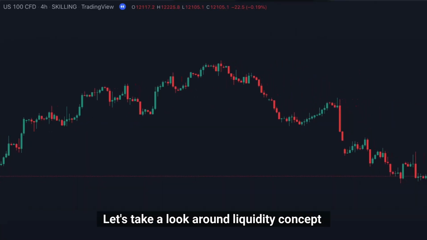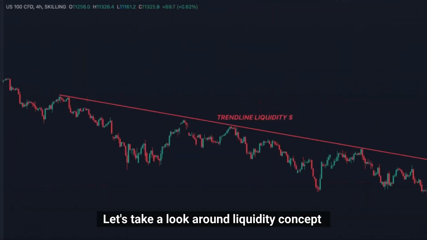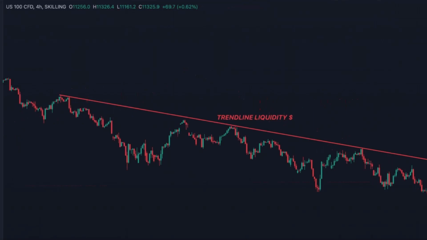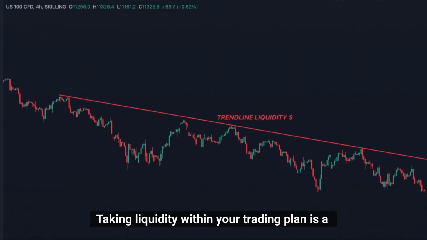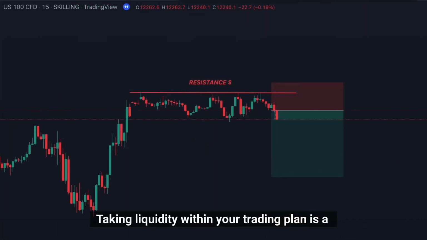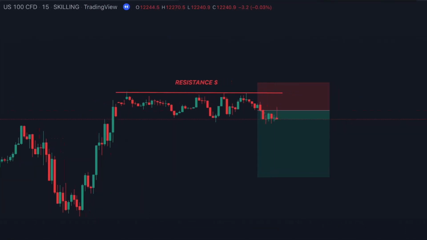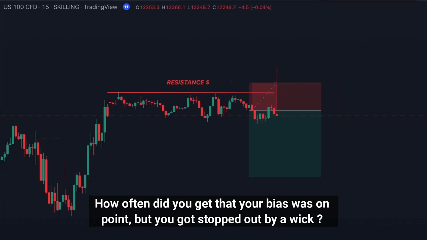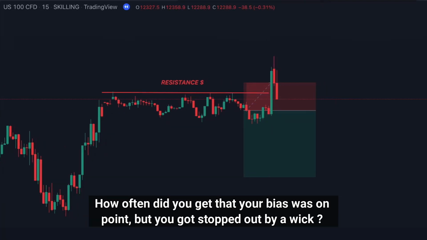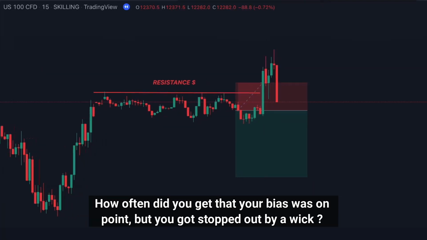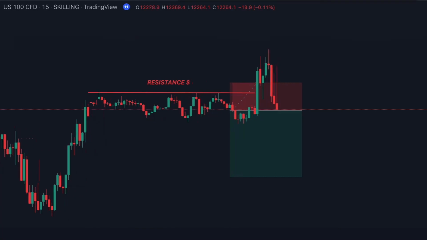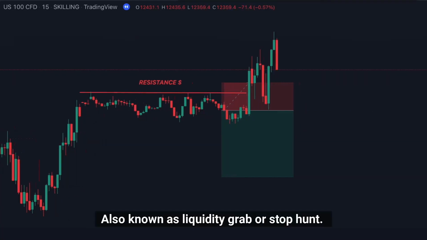Let's take a look around the liquidity concept. Taking liquidity within your trading plan is a big probability gainer. How often did you find that your bias was on point, but you got stopped out by a wick, also known as a liquidity grab or stop hunt?